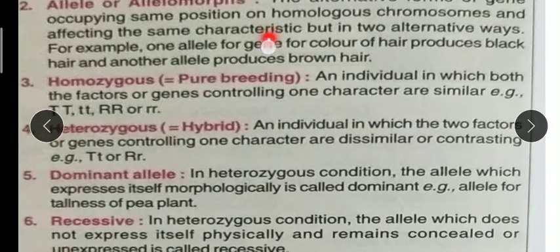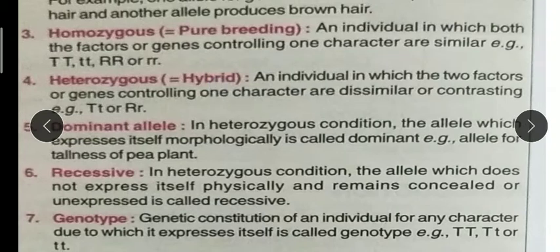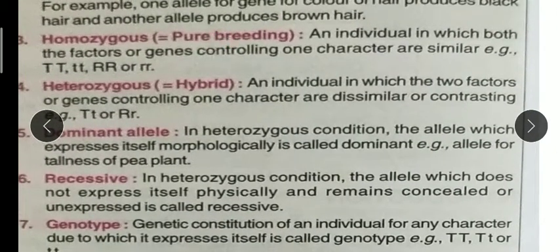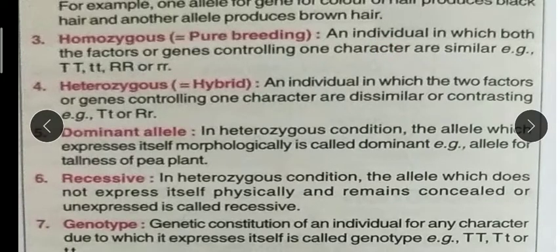Next one is homozygous. Homozygous, as you can see in the bracket, means pure breeding: an individual in which both the factors or genes controlling only one character are the same. In the Zoom class I told you that for showing the tallness of a plant we always write capital T, so double capital T. For shortness, small t in the pair.